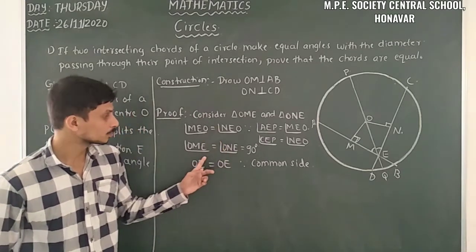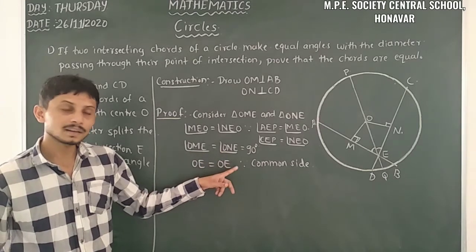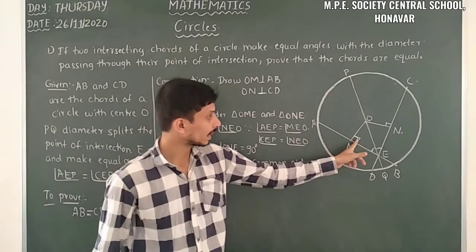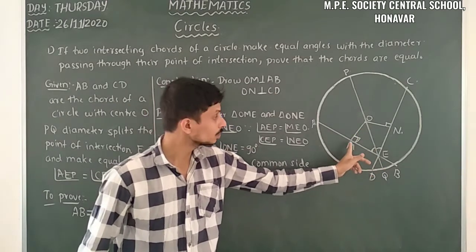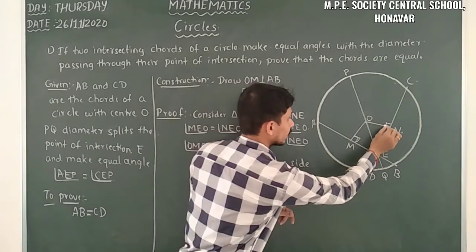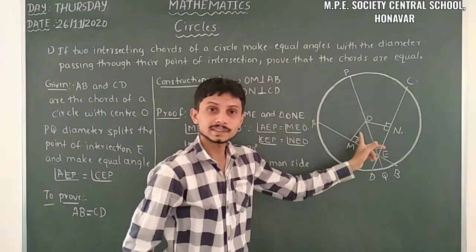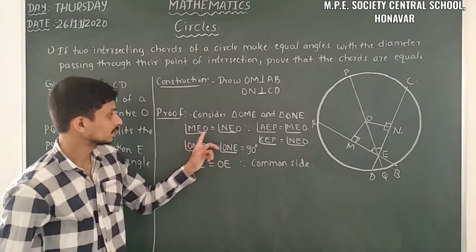Just observe, we have a 90 degree angle, a right angle, and the side opposite to the right angle is the hypotenuse. Here also we have the right angle and the hypotenuse, RH.